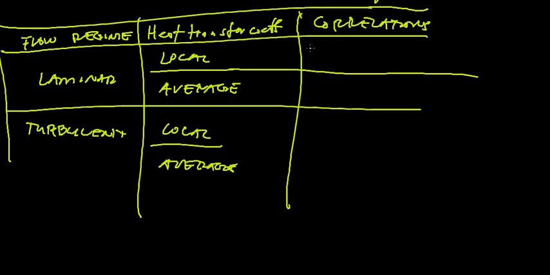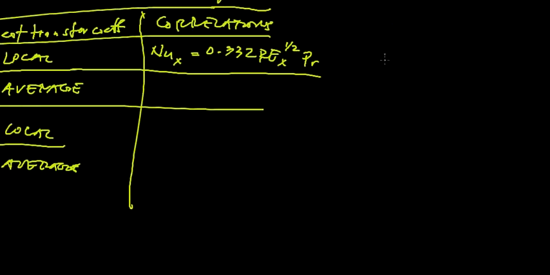Okay, so the correlation between the two is that if we have a laminar flow regime under a local heat transfer coefficient, our Nu, denoted by letter x, Nu_x, is equal to 0.332 Re_x raised to 1/2, and then Pr, or our Prandtl number, raised to 1/3.